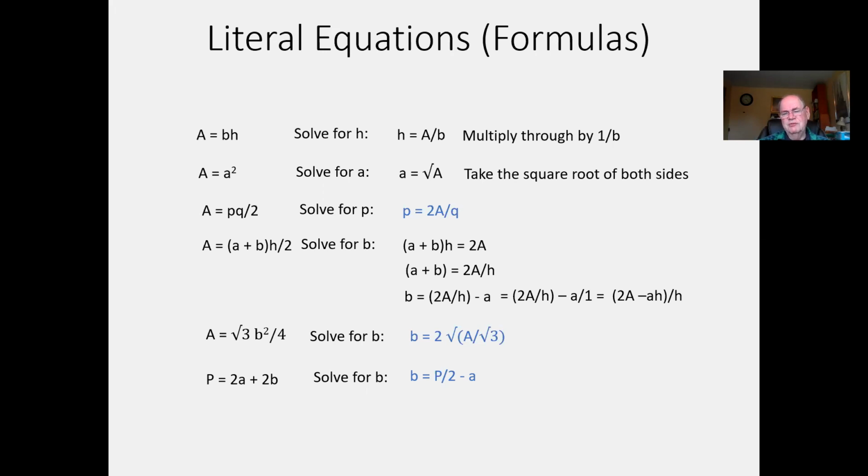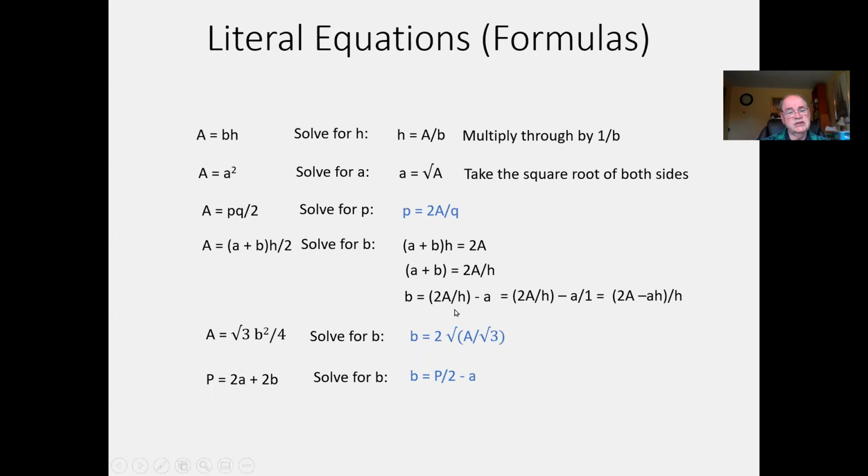Instead of multiplying through by h, since I want to isolate b, why should I muck up the waters by getting a bh, defeating the purpose of getting b by itself? So let me just right away get rid of the h by dividing both sides by h, and that will just leave me with a simple a plus b term, and then I can simply subtract a from both sides. That's a perfectly good answer.